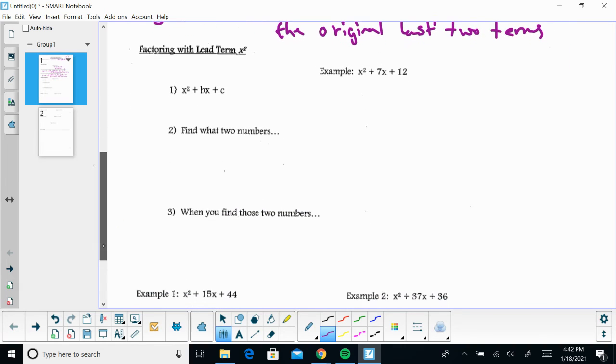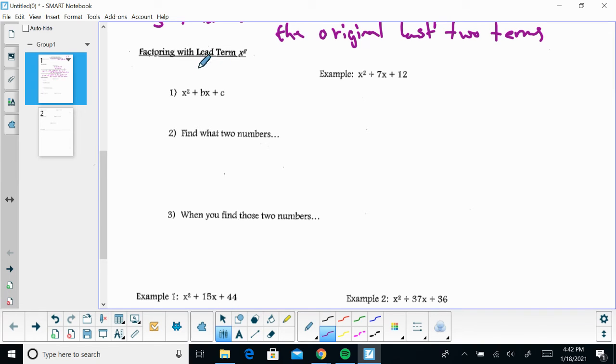When we're factoring with the lead term of x squared, this is our basic pattern: x squared plus bx plus c. We have an example here where b would be 7 and c is 12. So we need to find the two numbers that multiply to get c.